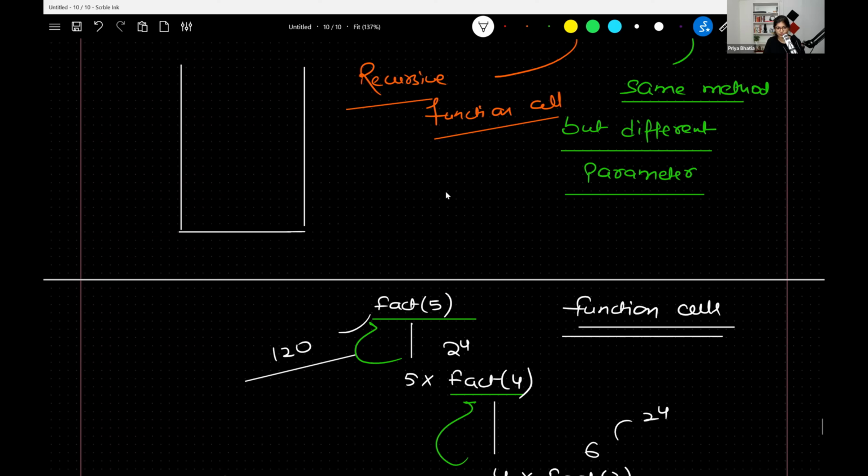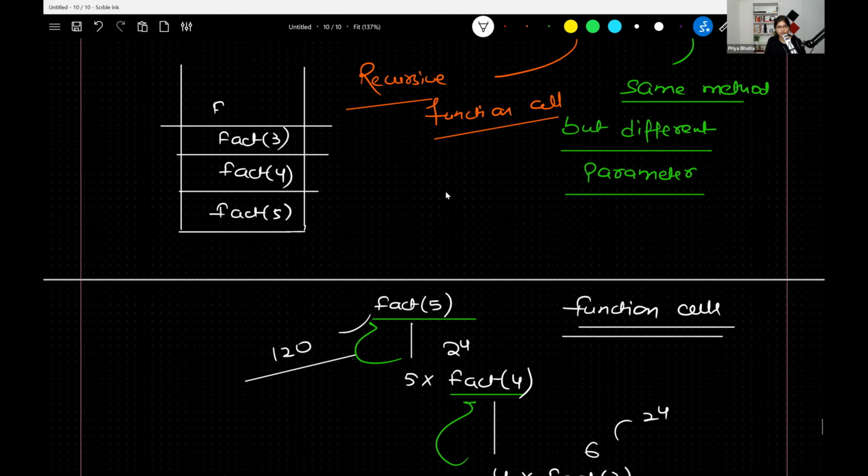Fact of 5 will be stored first. Then fact of 5 calls fact of 4. Then fact of 4 calls fact of 3. Fact of 3 calls fact of 2. Fact of 2 calls fact of 1.